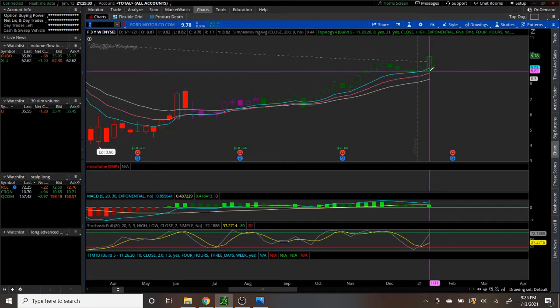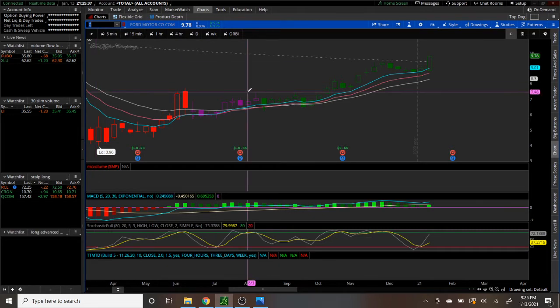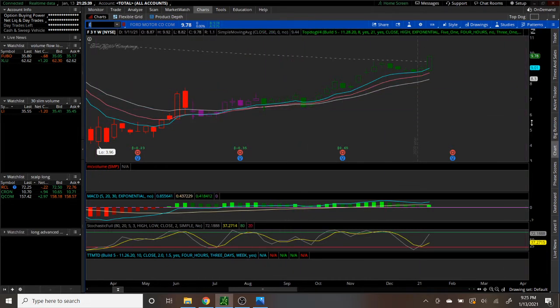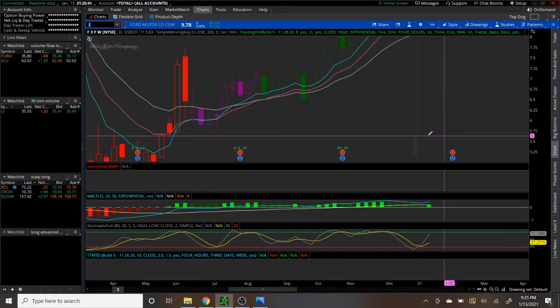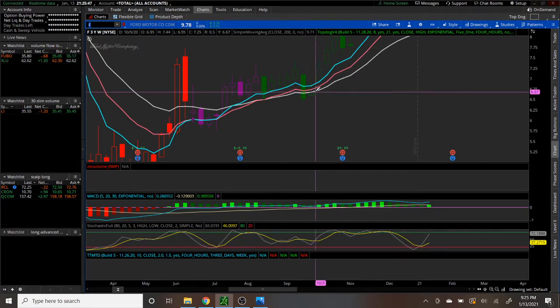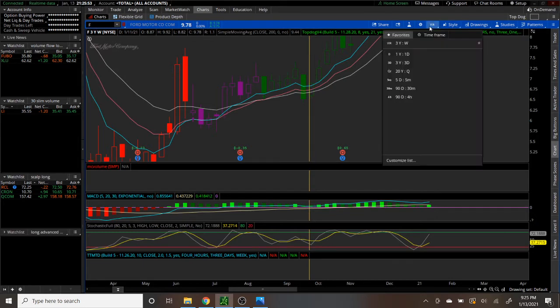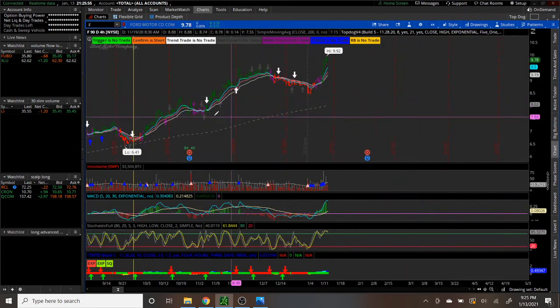I had it for, I think, January of this year, but nothing changes. If you look at Ford, right here, it made this huge move down, and then things kind of settled down a bit, and I'm more than certain you're gonna find a good entry right there.